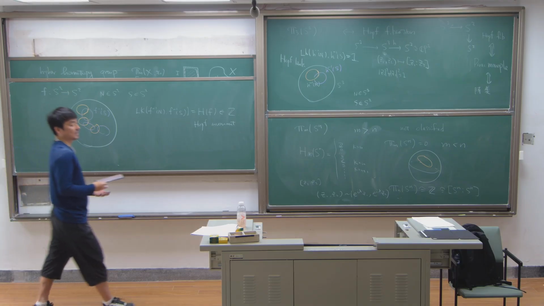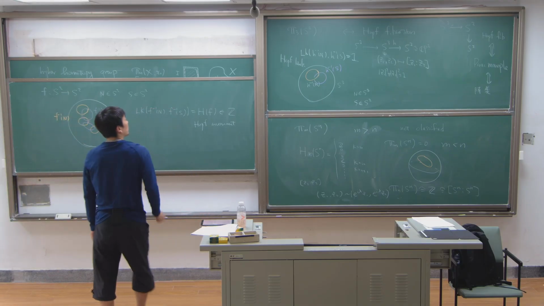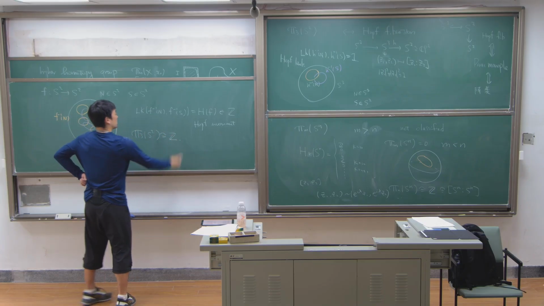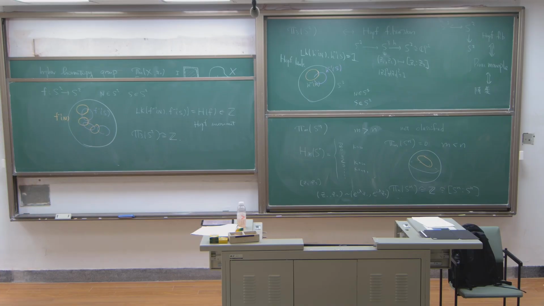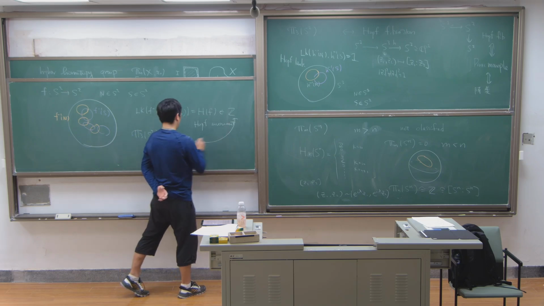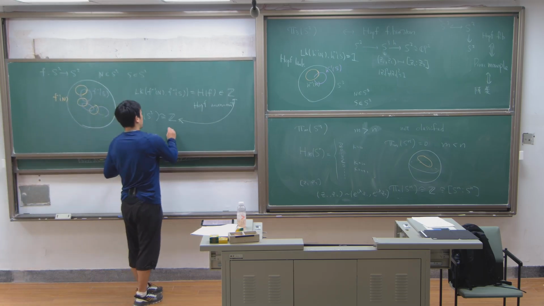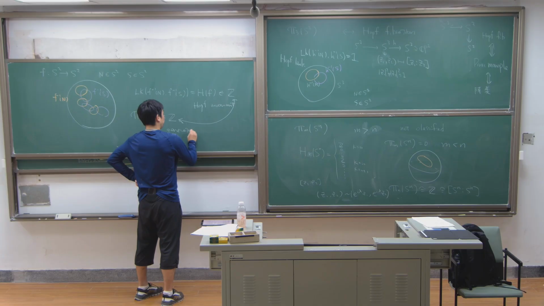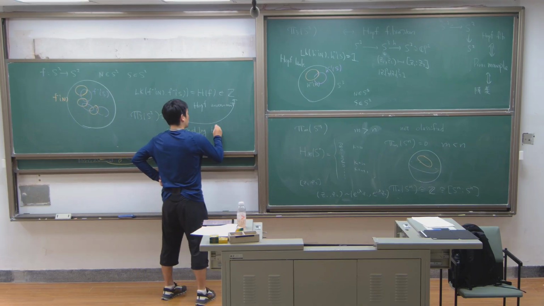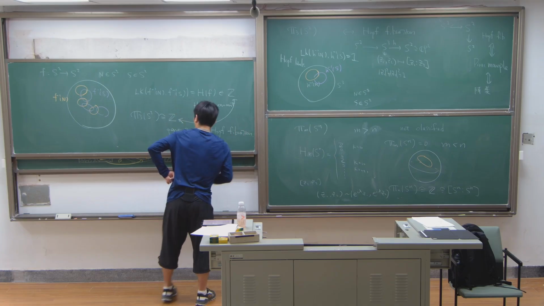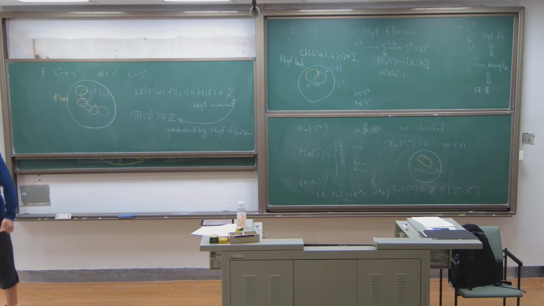And in fact, this Z will generate pi 3 of S2, which is Z. So this C and C are equivalent. And this is generated by the Hopf fibration.